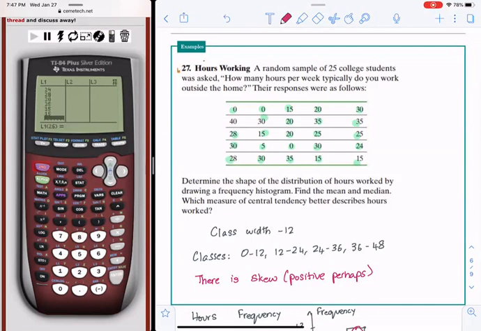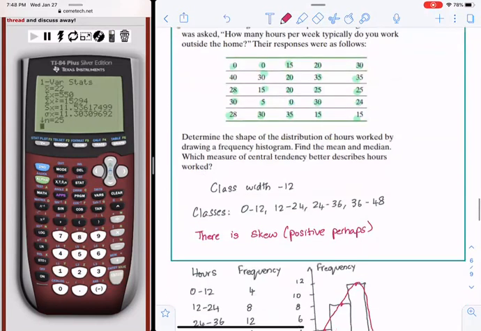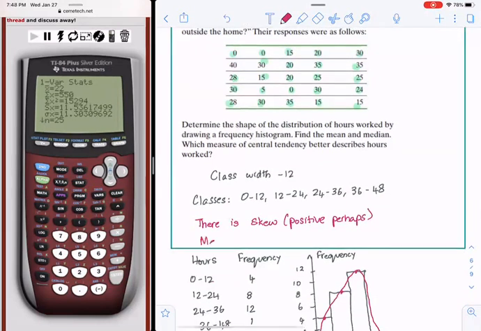So second mode to exit. If we did one-var stats and list one, we get the mean to be 22 and the median happens to be 25.